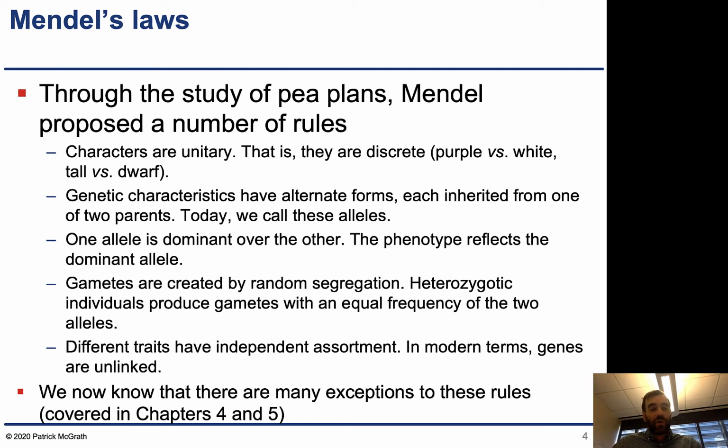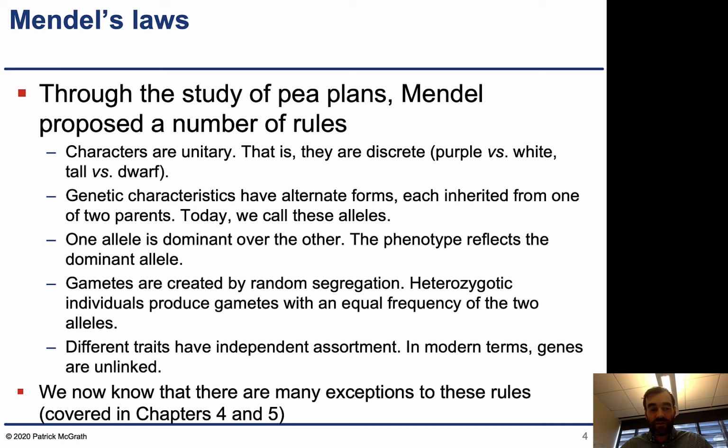Inheritance. When you look at what offspring you are going to have, you have two versions of each gene, and so you need to produce gametes that have only a single copy of each gene. Gametes are created by random segregation, and it's pretty much completely random. If you have two alleles, each gamete has an equal likelihood of having one of those two alleles.